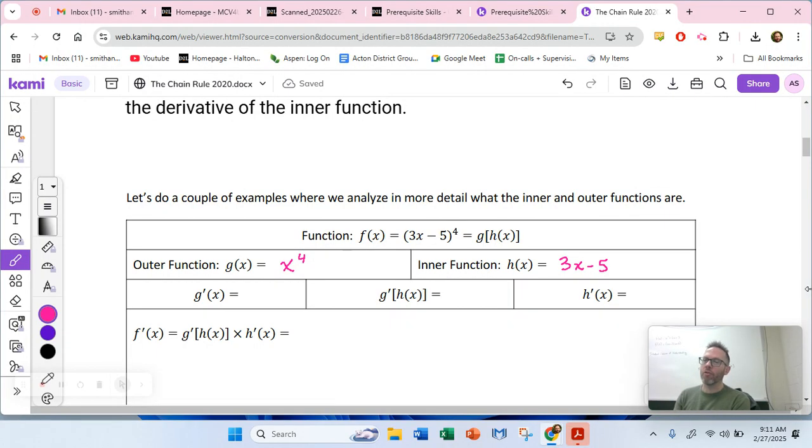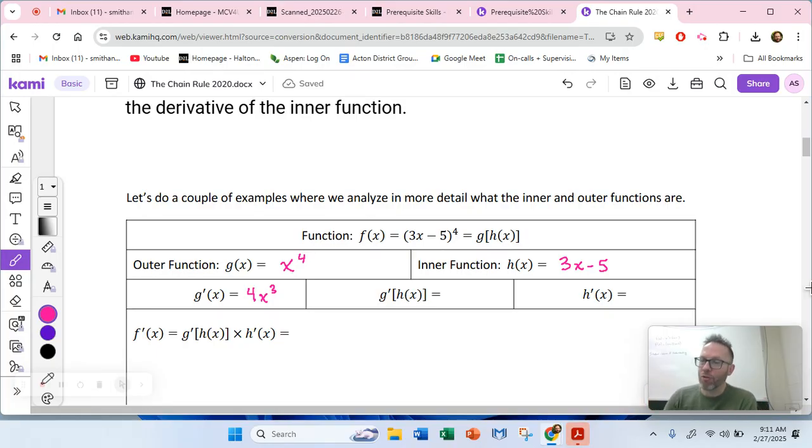Those are two functions. They're not too complex. Let's find each individual piece of this chain rule. So the chain rule says you differentiate g, which is no problem. The derivative of x to the power of 4 is 4x cubed. But the chain rule says the derivative of this composite function is the derivative of the outer function evaluated at the inner.